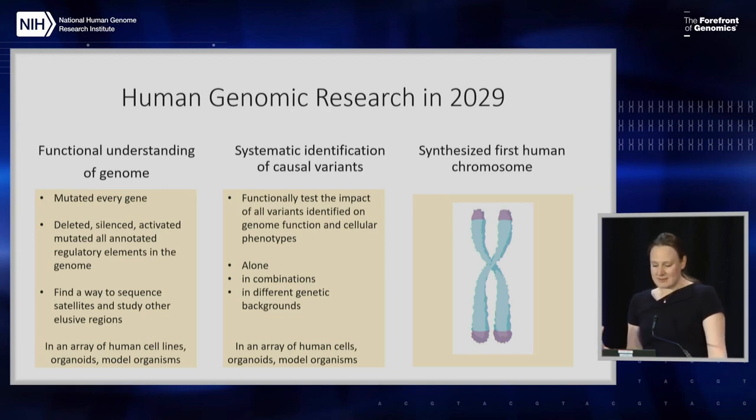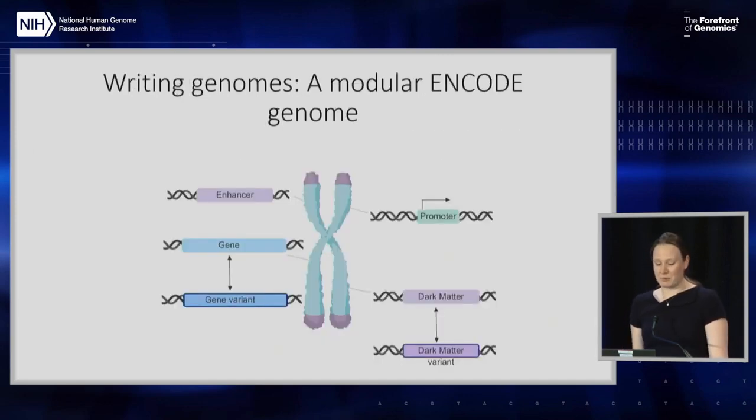If we take the next step, which would be to try and synthesize genomes, this will lead to another revolution in molecular biology, allowing us to feed back into our ability to functionally understand genomes and also try and understand how causal variants impact function. And I think as a community, we need to decide if this is something that we want to do.